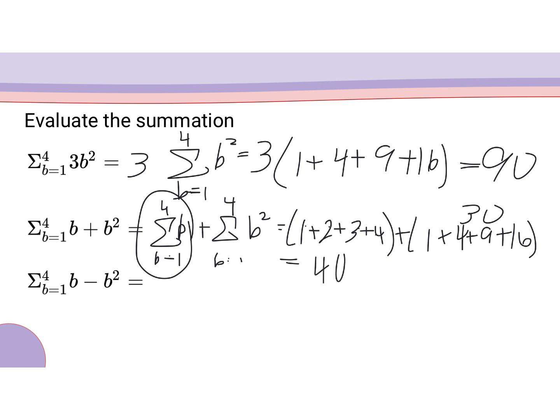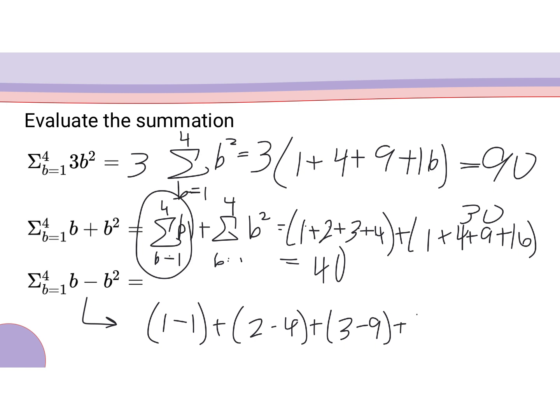Wow, 40. Or you could just do it directly, how I prefer to do it, where I plug in 1, so 1 minus 1, plus 2 minus 4, plus 3 minus 9, plus 4 minus 16. Again, I'm just plugging in 1 for b, and then 2 for b and b squared, and then 3, and then 4. All right, so this is 0, this is -2, this is -6, this is -12, and then -20.